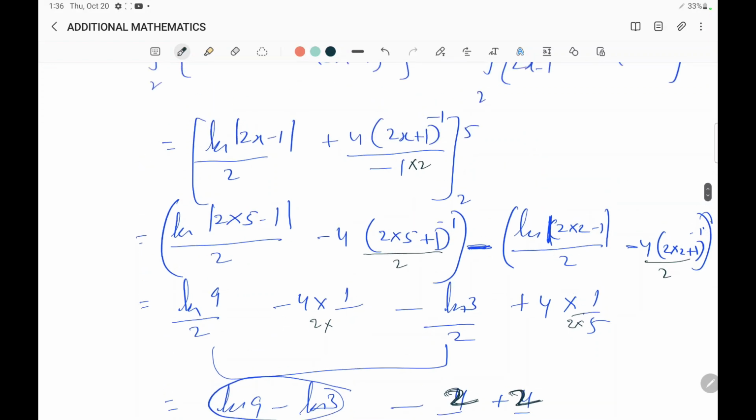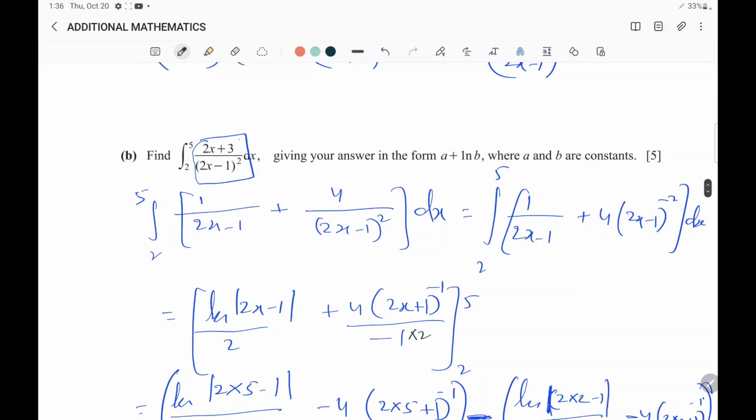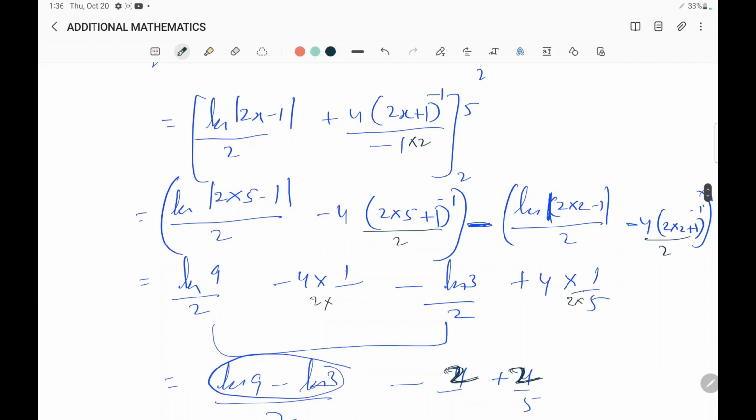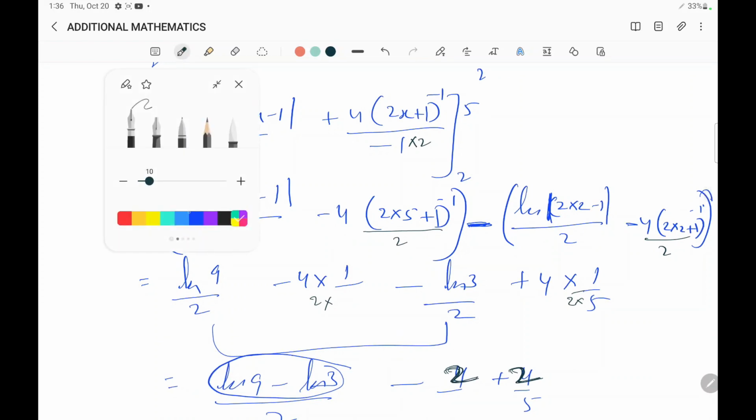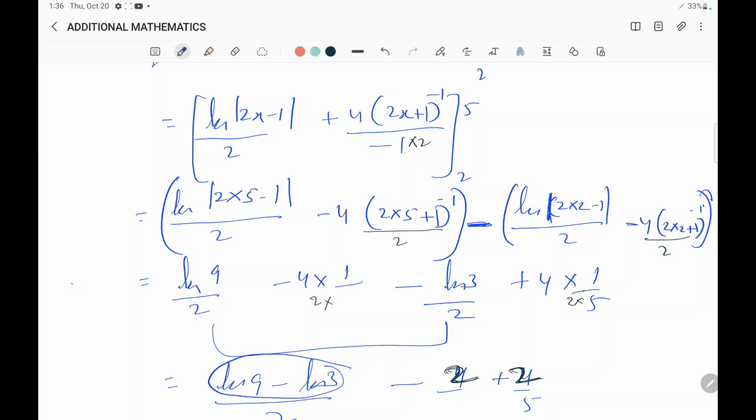Okay, let's correct it. So 2 times 5 is 10, 10 plus 1 is 11.